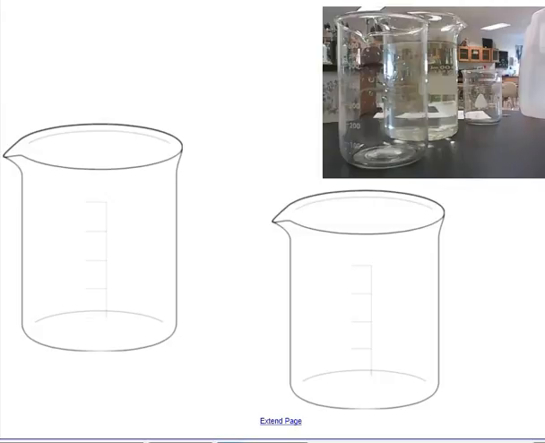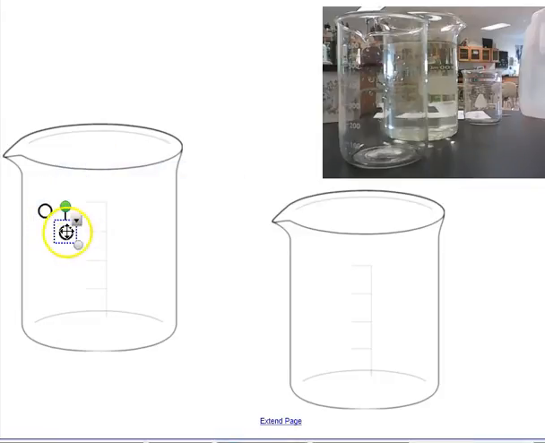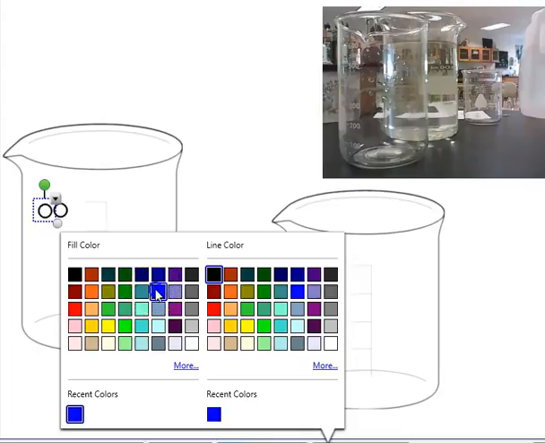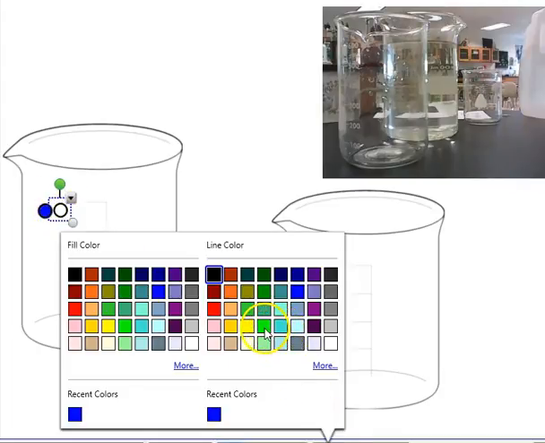So I'm going to go ahead and represent my particles of Na and my particle of Cl. Let's go ahead and make my Na blue, and let's make Cl green.